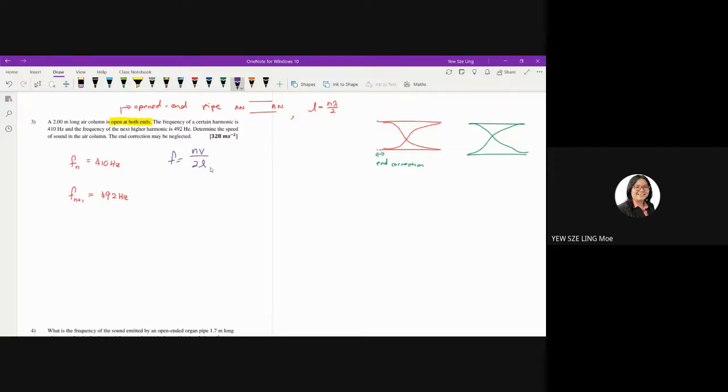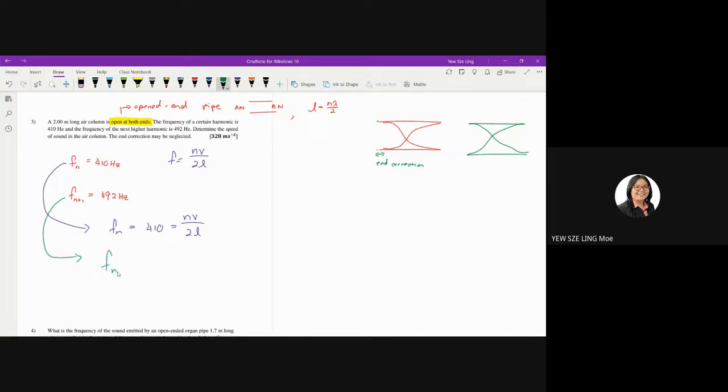For the first equation, Fn equals 410 equals nv over 2L. V and L I'll leave as they are, because they should have the same value, since we're looking at the same open-end pipe, with the same v and the same L.